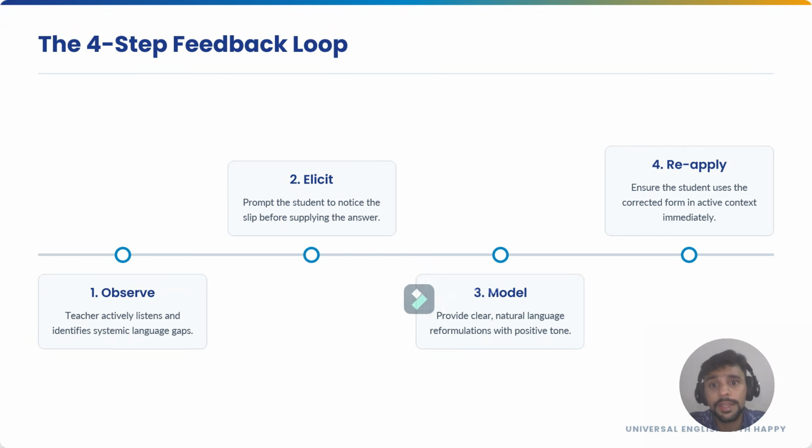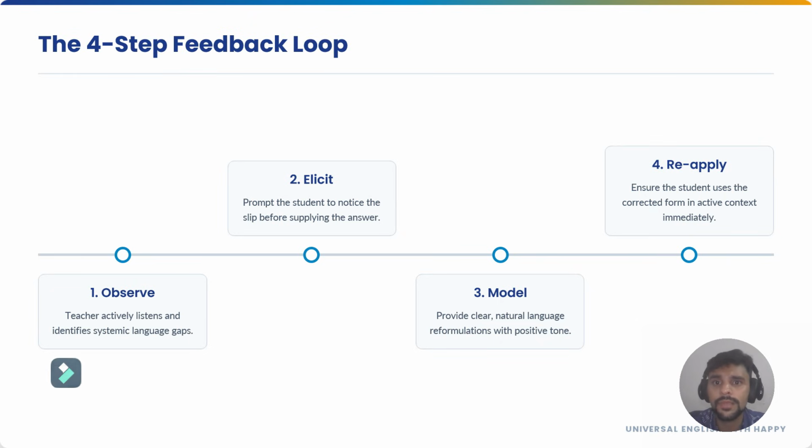Step number 2. Elicit. Before giving the correct answer, give the student or class a chance to self-correct. Here you take a pause. Repeat the sentence up to the mistake with rising intonation or ask, how can we make that sentence sound more natural? Self-correction builds long-term neural pathways.